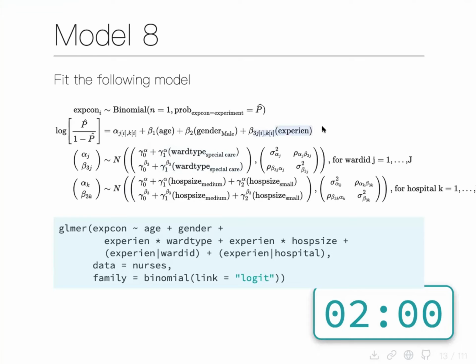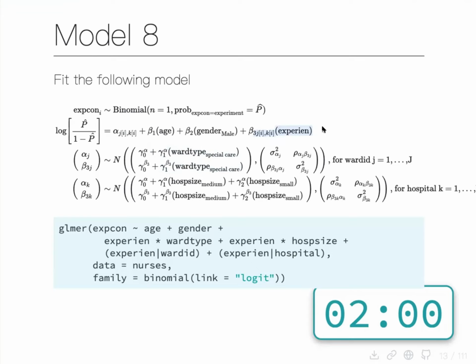Again, we're saying whatever the relation is between experience and the probability of being in the experimental control, that relation is going to depend on which ward type they're in. Maybe, as I mentioned before, all of the new nurses go to the special care ward type, and so experience doesn't matter because there's very little variability in experience.